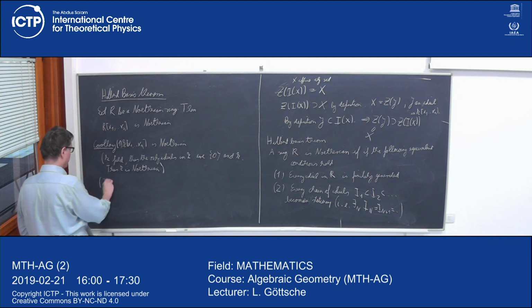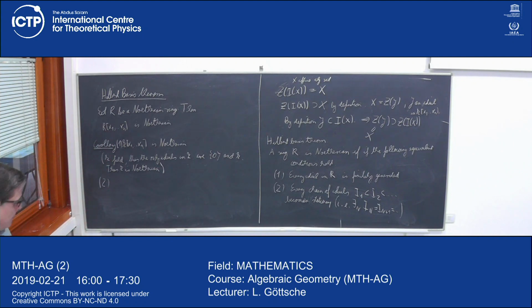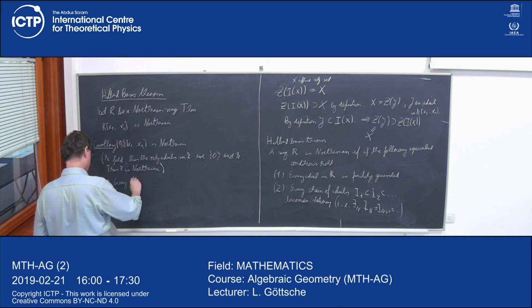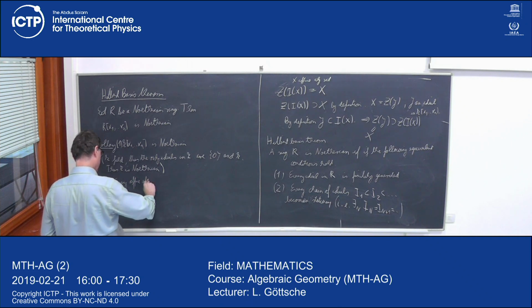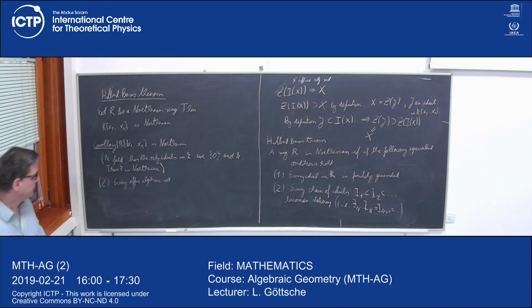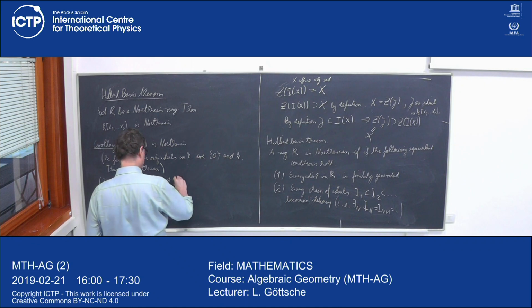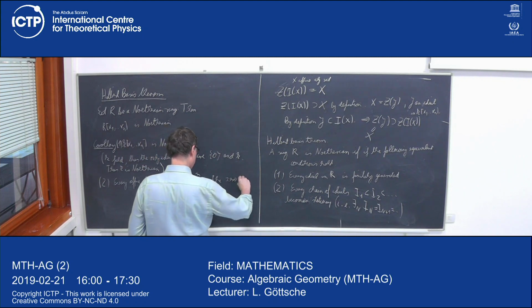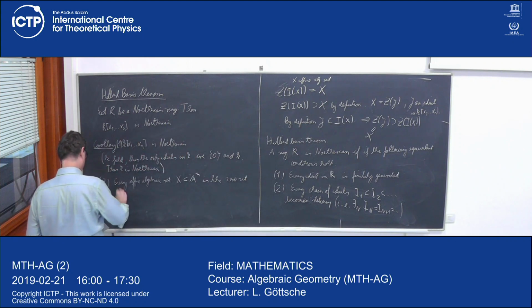And it also follows, the thing that I said, that every affine algebraic set in A^n is the zero set of finitely many polynomials.